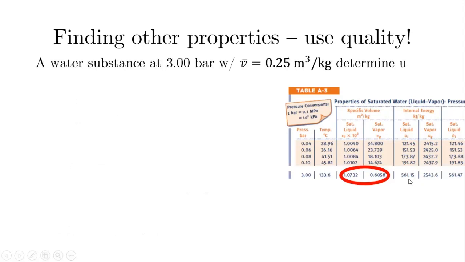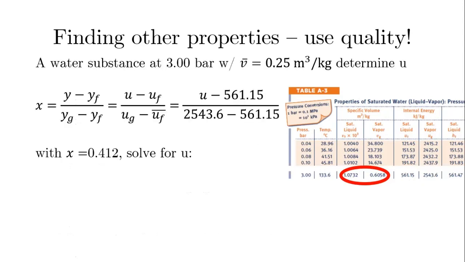So let's do that. With 0.412, I will use that with U. Again, the quality corresponds to any property, not just volume, so I could put that with respect to my U. I know the U for the liquid is 561.15 here, and the U for the gas is 2,543.6 from right over here.